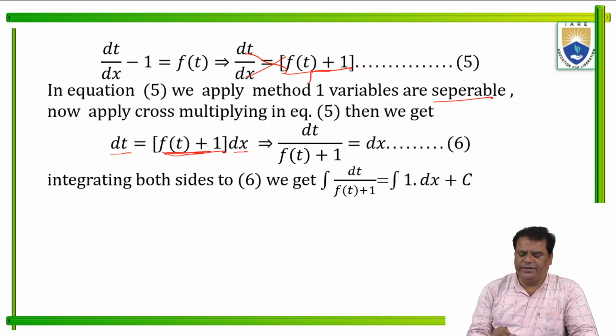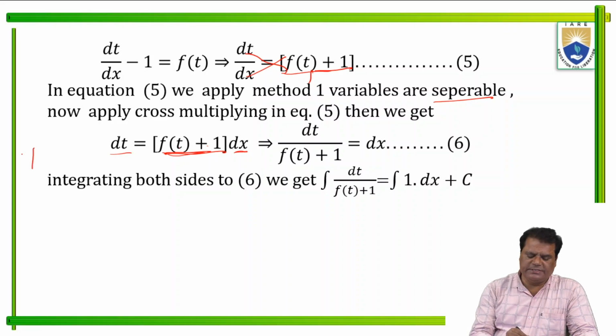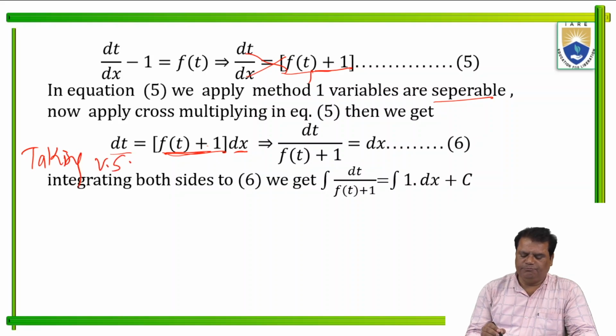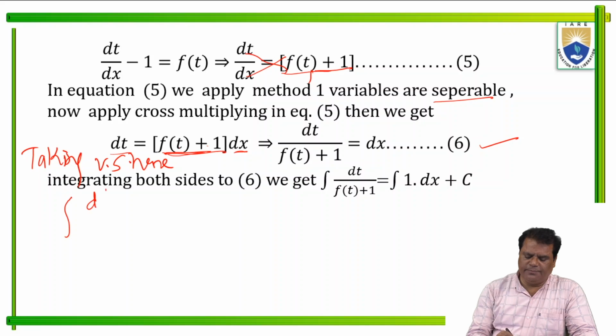Here is a function of t, and here is dx, so taking the variables separate, we get dt upon f(t) plus 1 equal to dx. This is equation 6. Integrating both sides, dt upon f(t) plus 1 equal to integration of 1, which is x plus c.